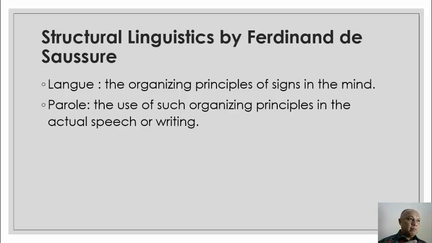And then parole is the use of such organizing principles in actual speech or writing. Okay, so langue and parole. Parole is the actual use of language, the actual use of the organizing principles, and langue is the knowledge of language principles in our mind.